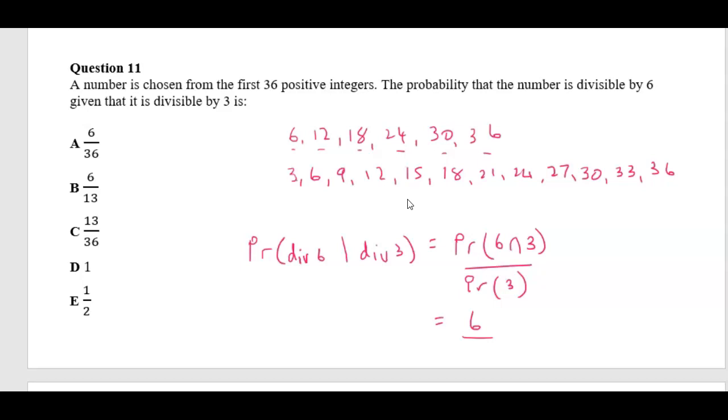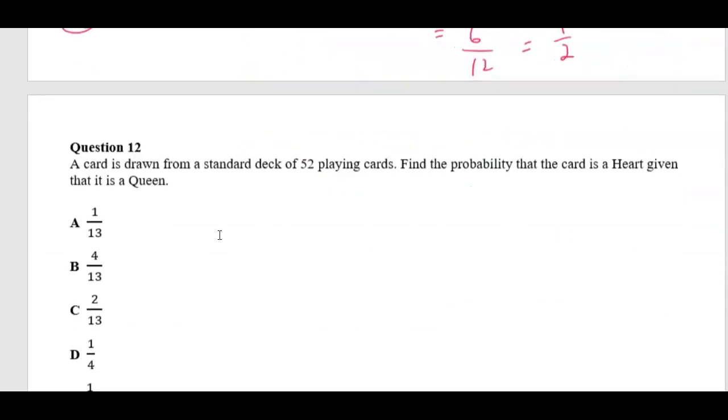I know you can't see my mouse. 1, 2, 3, 4, 5, 6, 7, 8, 9, 10, 11, 12. So the probability is a half. So the answer for that one is E. You don't need to write these out, okay, but sometimes it helps to show what we're actually talking about.